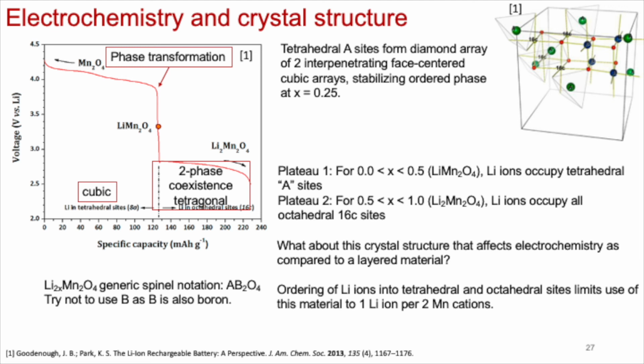And then in the second plateau here, but I should say, when I say X, I should denote that the nomenclature is actually this. And I write it like this for historical reasons, because John Goodenough has already done the study, and the way he writes it is actually 2X. So when I say X, I really mean, like, X is 0.5, which really means it's already lithium 1, because it's 2 times that.